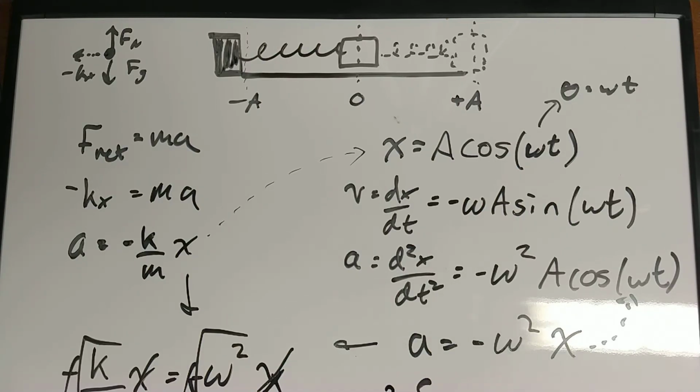Divide out the radians. So the frequency of oscillation is 1 over 2 pi times radical k over m. And then you can figure out the period from there: 2 pi times radical m over k. And we then use that all over the place.